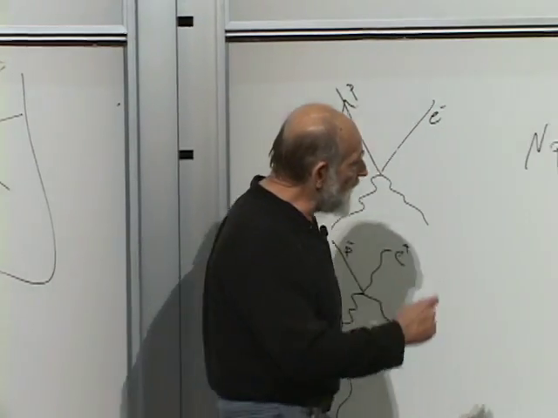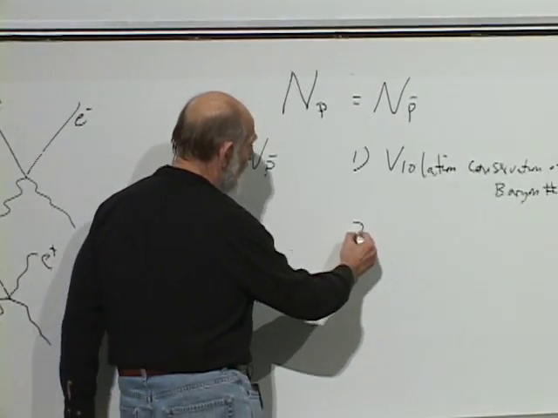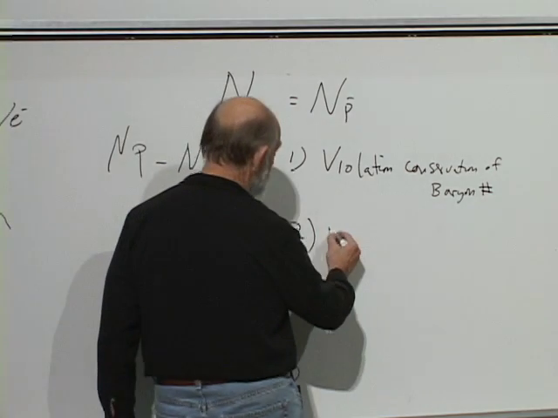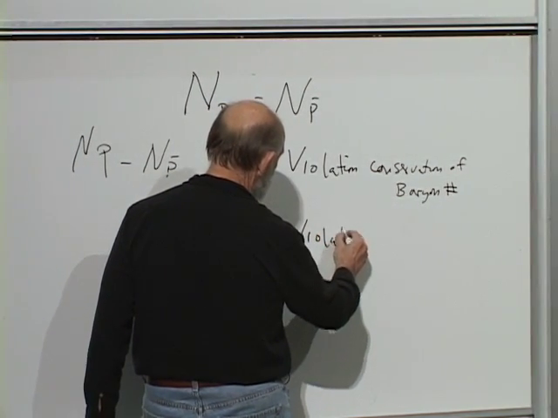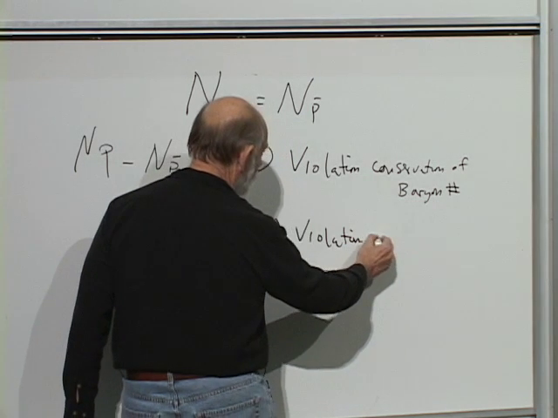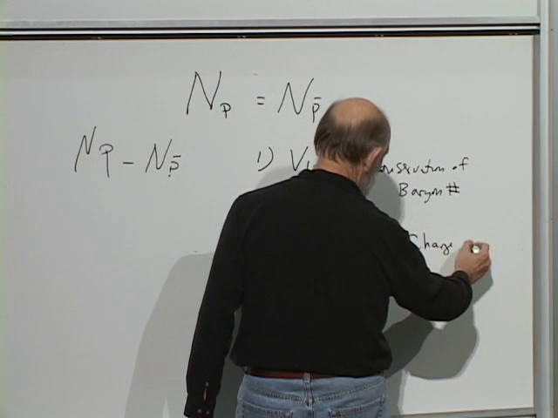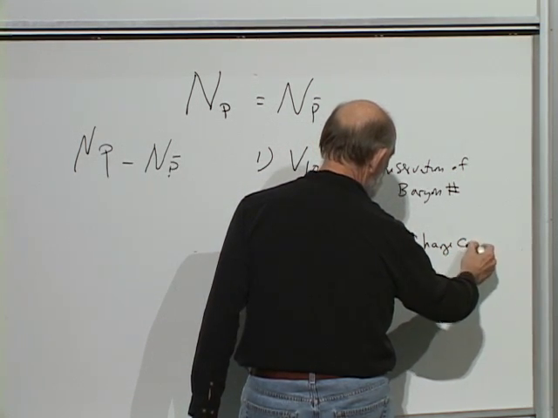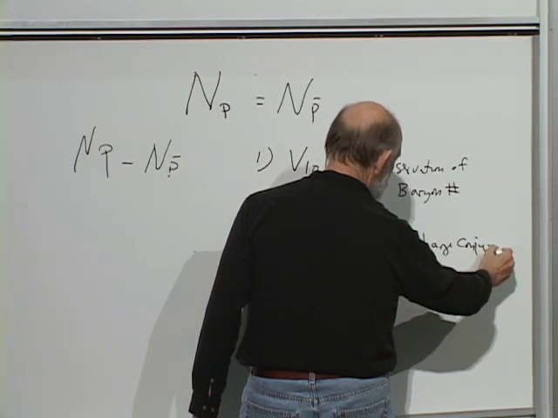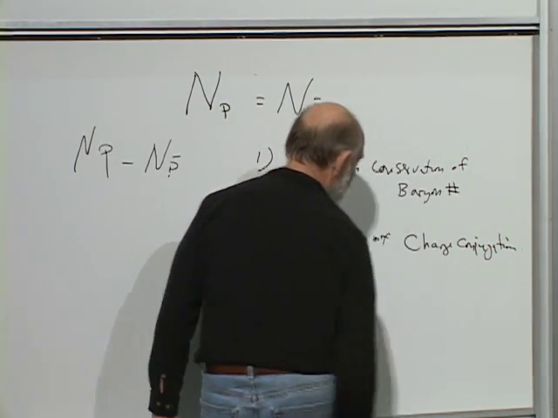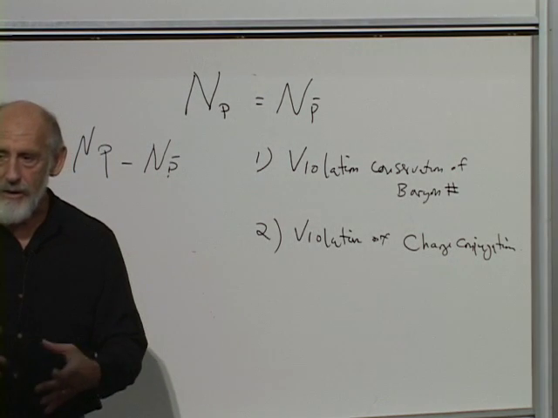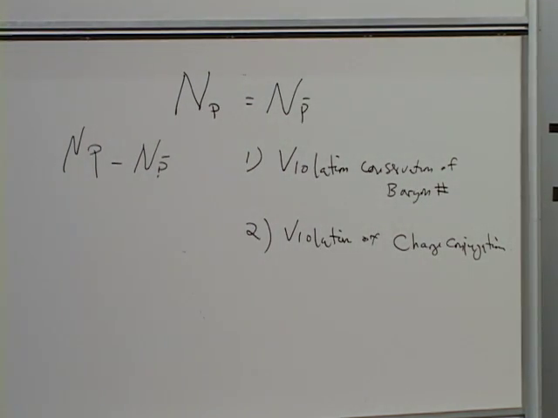All right, that means that we have to also have a violation of charge conjugation symmetry. That there must be a bias in nature which distinguishes particles from antiparticles.